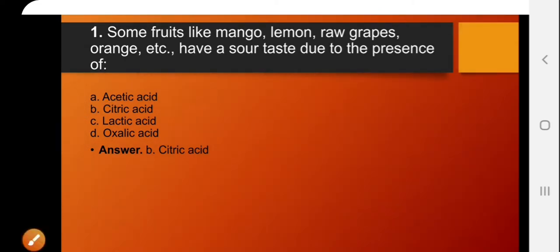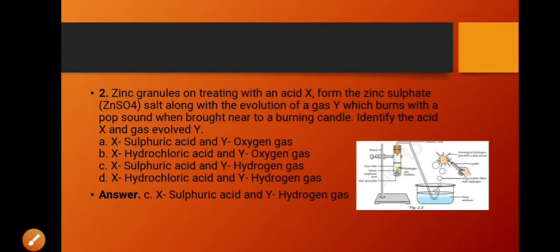The next question is, zinc granules on treating with an acid X form the zinc sulphate, that is ZnSO4 salt, along with the evolution of a gas Y, which burns with a pop sound when brought near a burning candle.